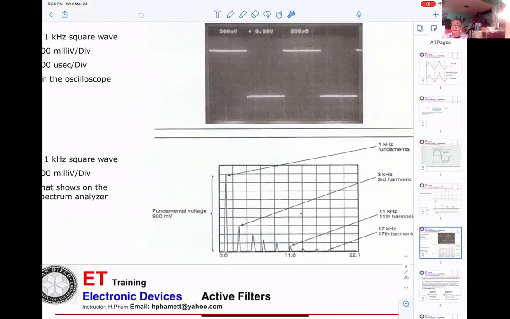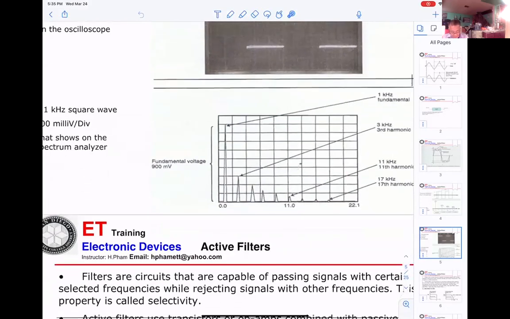The only thing we emphasize here is that the spectrum analyzer just displays a signal at a certain frequency and tells you the amplitude of that signal.